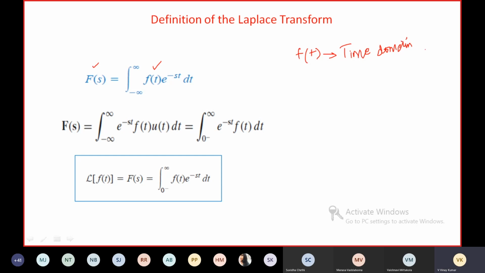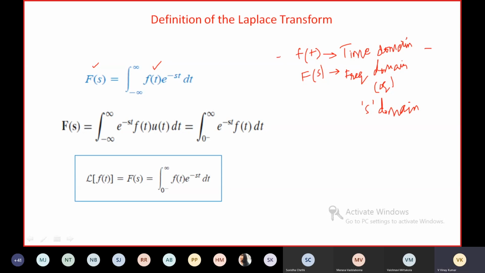F of s is in the frequency domain. This is a frequency domain function, or S domain function.